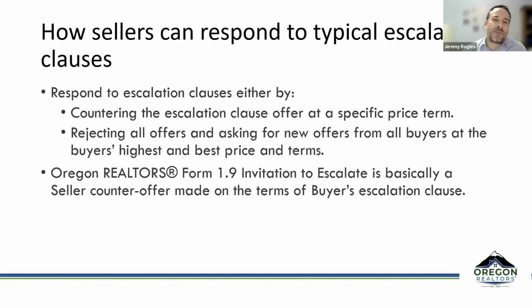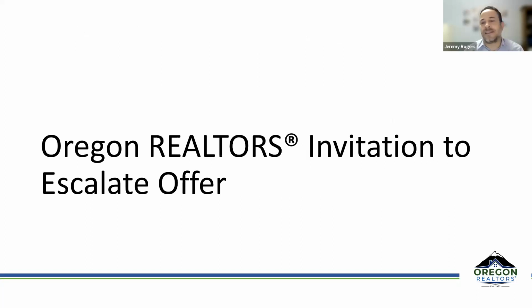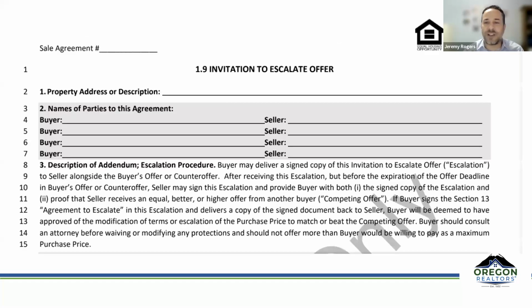So the Oregon Realtors Form 1.9 is basically a seller counteroffer that's made on the terms of the buyer's escalation clause. Okay, so we're going to talk about what we mean by that as we look at the invitation to escalate. So Form 1.9, we actually call it the invitation to escalate offer. Here's what it looks like in your forms library.